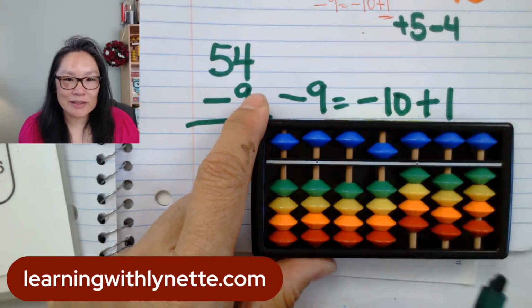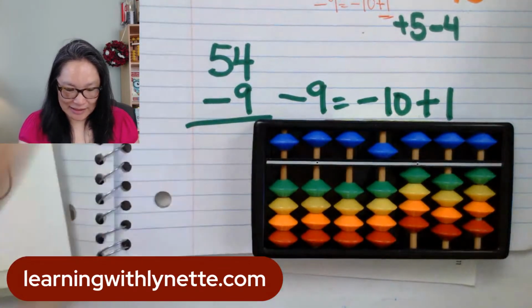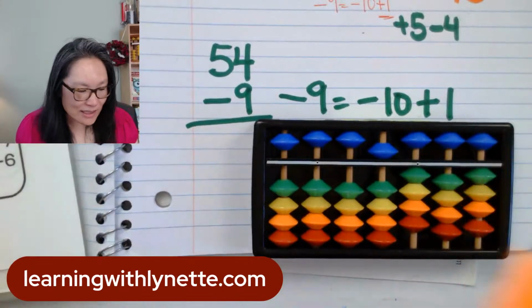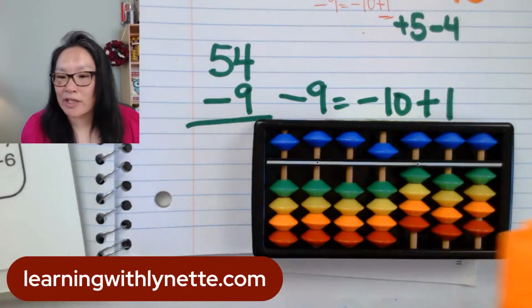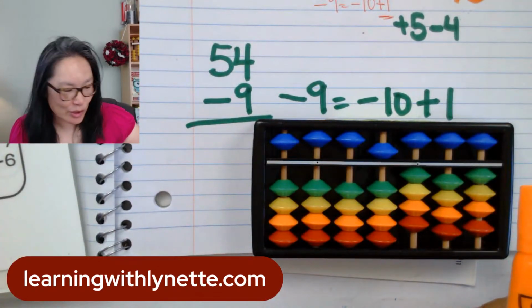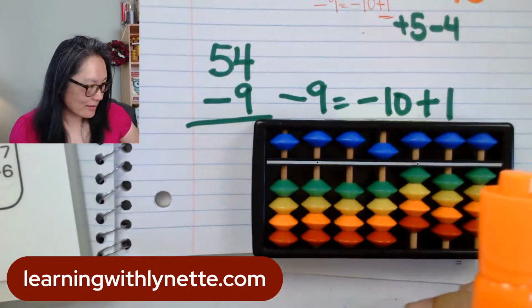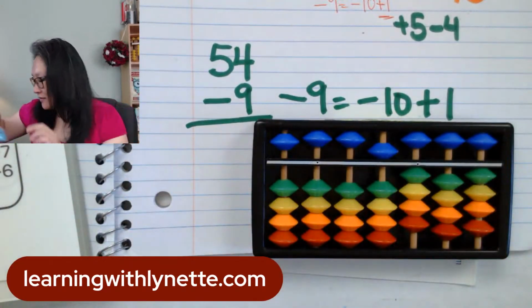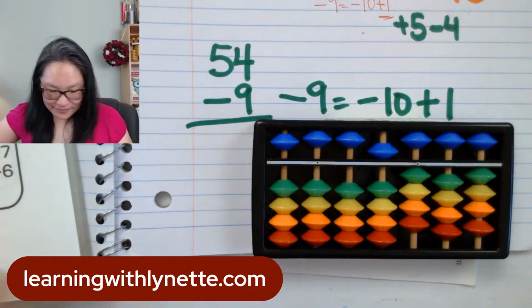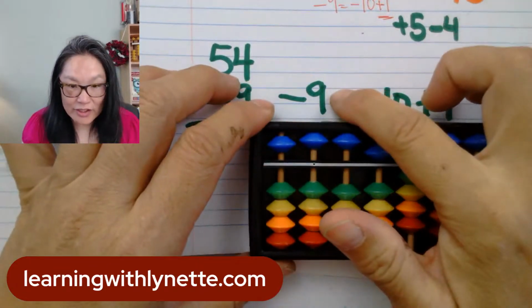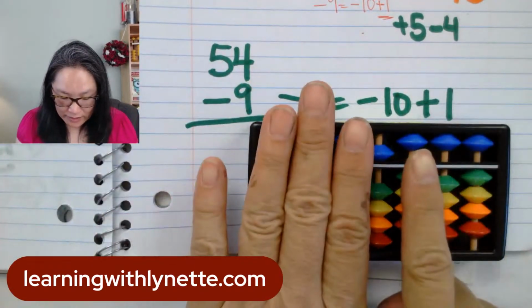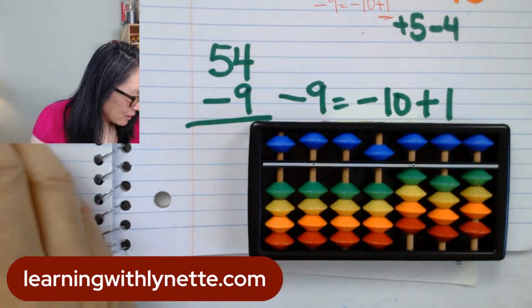What do we do? This is why I think this is more than a 2-step equation. This is 3 steps. But what is it that we're trying to do? Can we take away the 1?